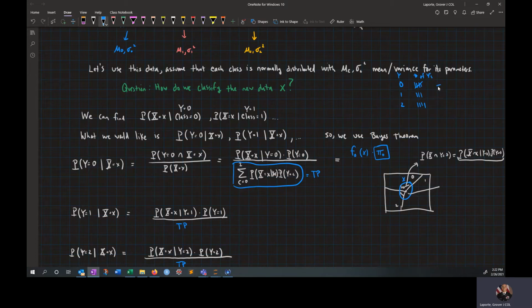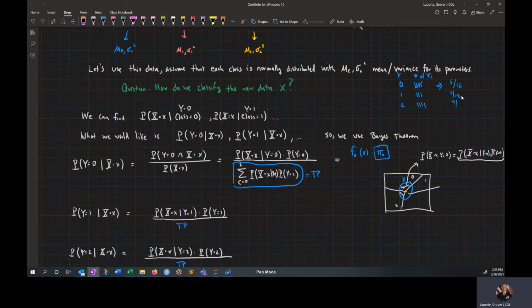If I had no other information other than the number from each class, then I would just use a proportion. That's 5 plus 3 plus 4, which is 12. So this would be 5/12, this would be 3/12, and this one would be 4/12.